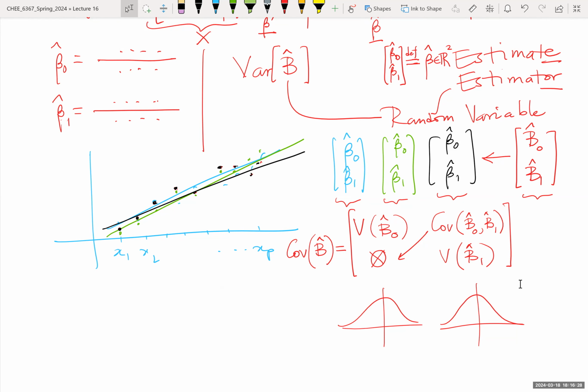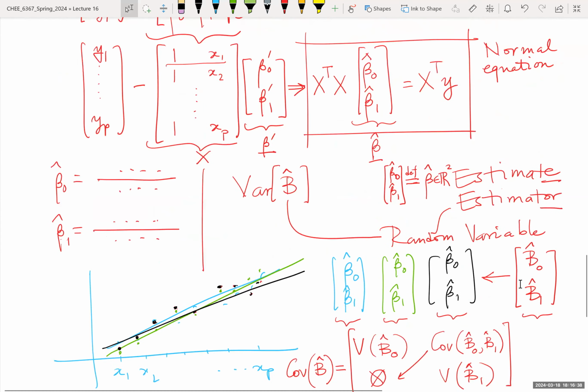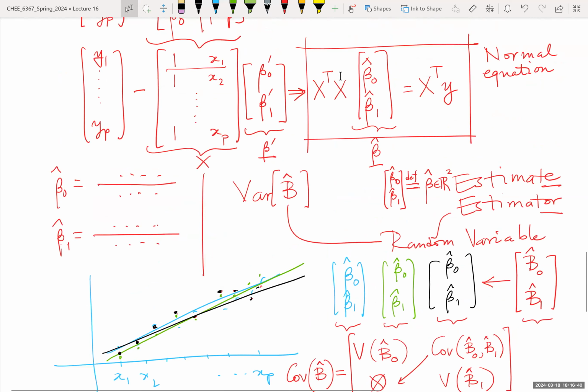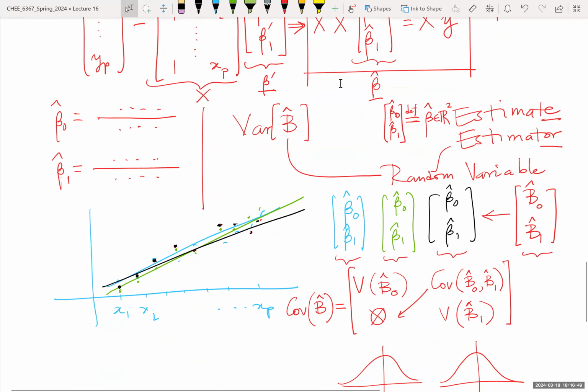This is a fortuitous coincidence in the sense that the same equations, the same machinery that gives us an estimate of the values we are trying to estimate, contain actually enough data in this matrix to give us an estimate for the covariance matrix.